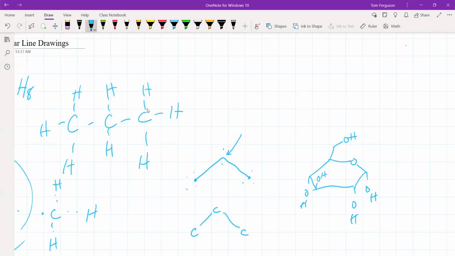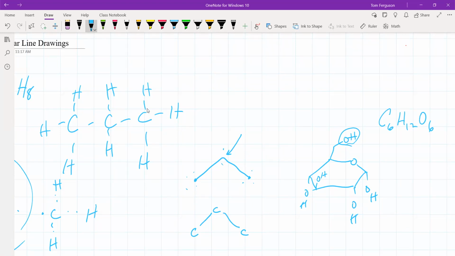So this is the formula for glucose. There are 12 hydrogens around that glucose molecule. Now notice the H's are displayed when the H's are connected to a non-carbon. So in this case, over here, the H is connected to an oxygen, not a carbon.